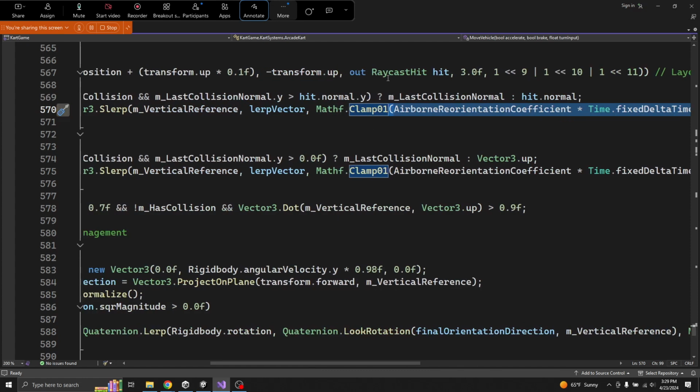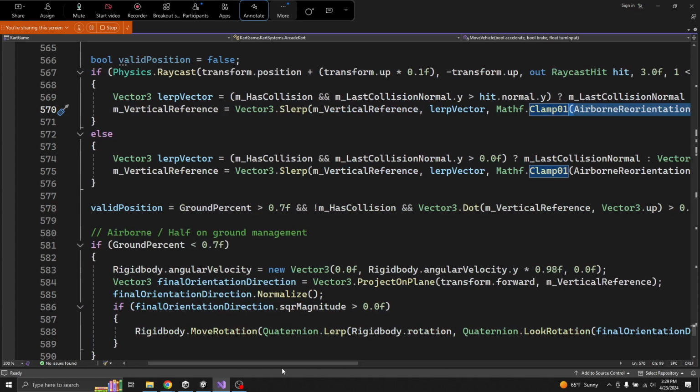But anyway, we're still clamping between 0 and 1 because at the end of the day, we're doing this lerp, and t has to be between 0 and 1 as we're moving from A to B. Yeah, okay, so we're going from this vertical reference to slerp vector. Gotcha.